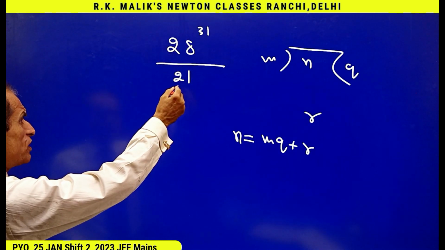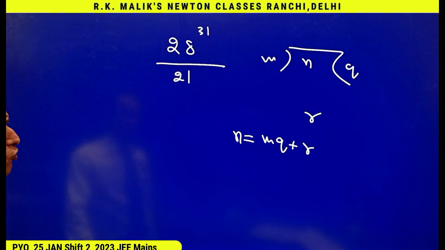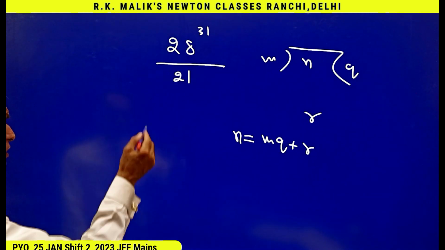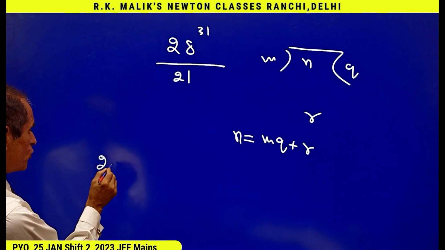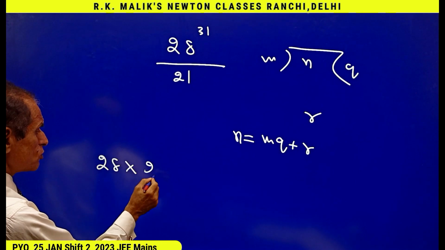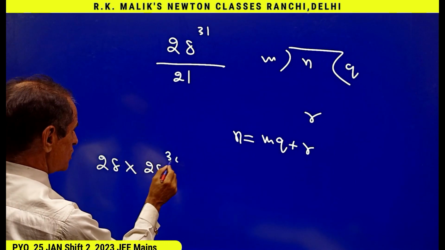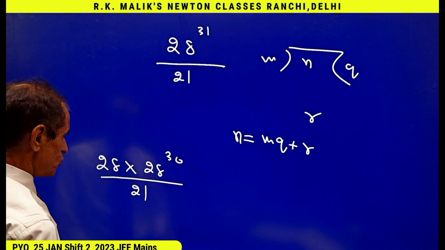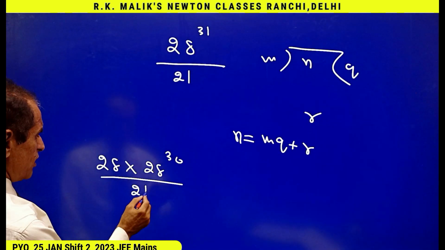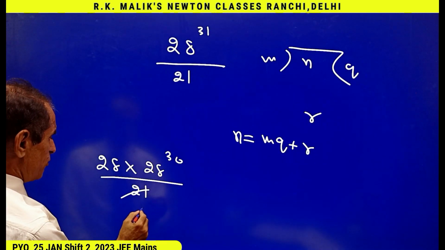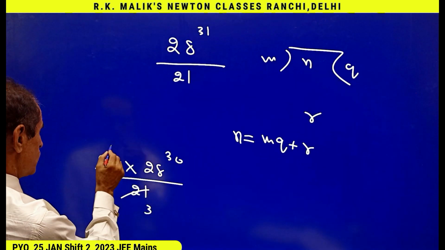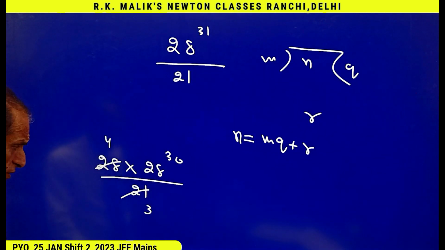And because 28 and 21 are not co-prime, in this case what I will do, see, first write it as 28 into 28 to the power 30 upon 21. Clearly, after cancelling, I will be getting 3 here and 4 here.